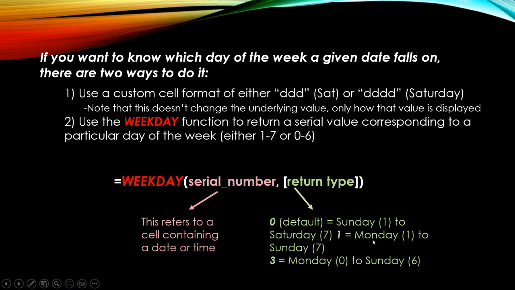You have your serial number at the beginning, which is the cell that contains the date or the time, and then your return type, which is optional. The default assigns the number 1 to Sunday up to 7, which is Saturday. If you prefer to call Monday the start of the week and assign 1 to Monday, you can put 1 here instead of 0, or instead of leaving it blank.